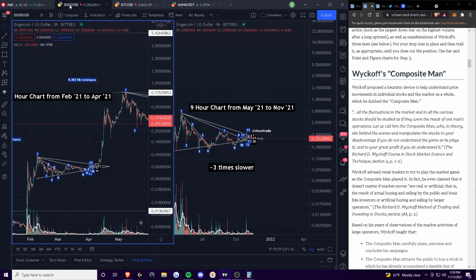But this is overall what we've been looking at, and it's almost like we're sitting here like, man, what's gonna happen first? How's it gonna happen? I could envision a situation where Composite Man wants to create a situation where retail is constantly chasing, right? Retail is where Composite Man makes his money.